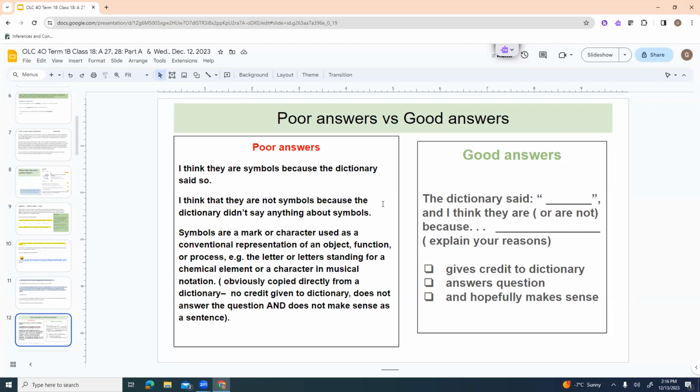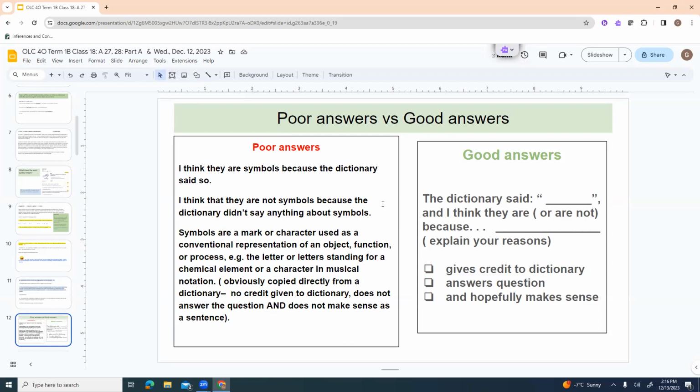"Symbols are a mark or character used as a conventional representation of an object, function, or process, e.g., the letter or letters standing for a chemical element or a character in musical notation." This is a poor answer because, first of all, it's obviously copied directly from the dictionary. People don't write that way. They haven't given credit to the dictionary. They didn't say, Webster's dictionary says.